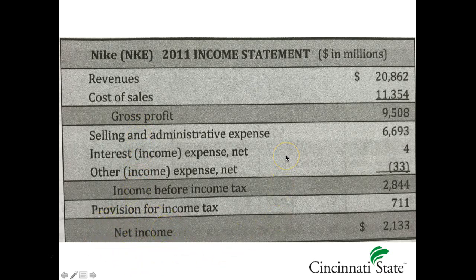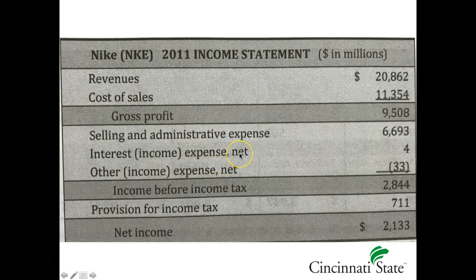Gross profit is an informative figure that is frequently analyzed and compared to prior periods and industry standards to determine efficiency of the production process or purchasing practices. You can see that the rest of Nike's expenses are lumped into broad groups: selling and administrative, interest expense, and other.